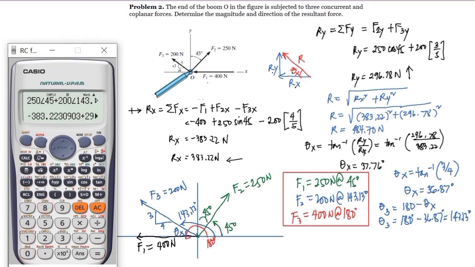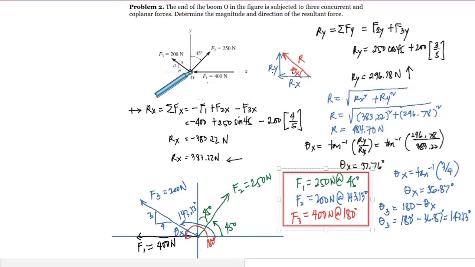And we have here negative 383.22. That negative 383.22 is your x component, yung na-solve natin sa previous video natin.